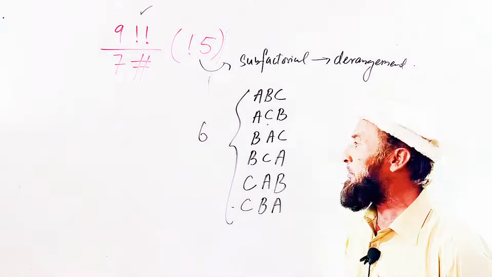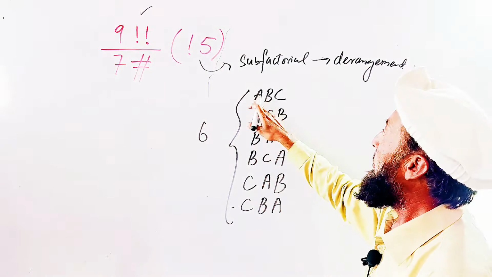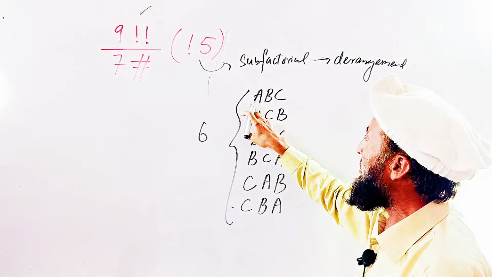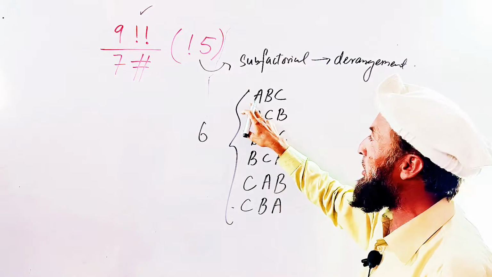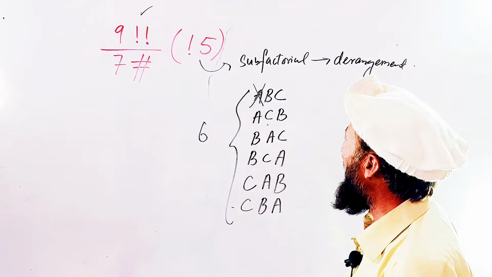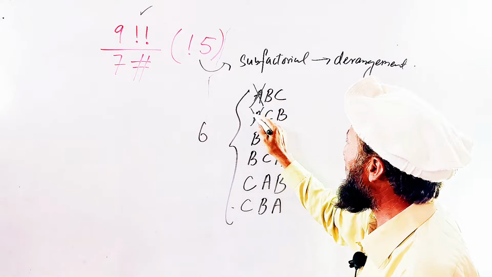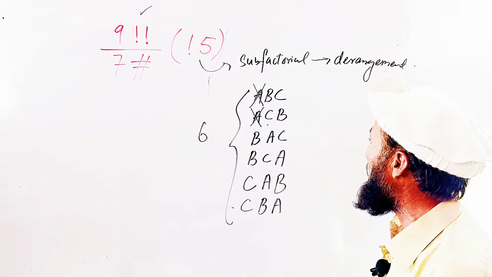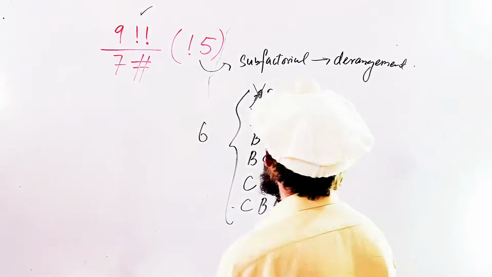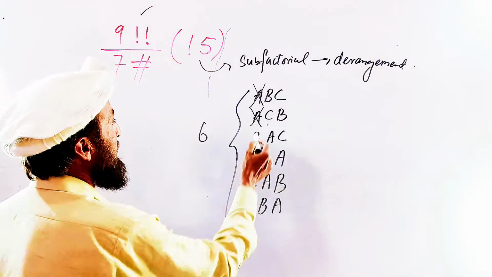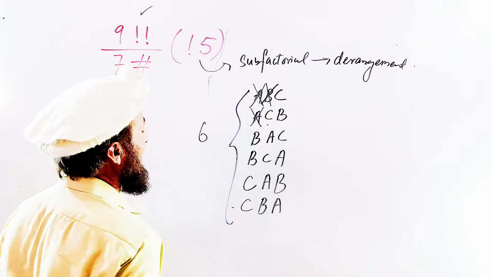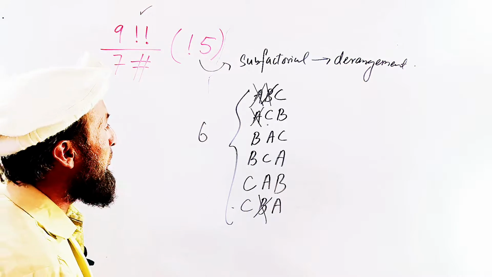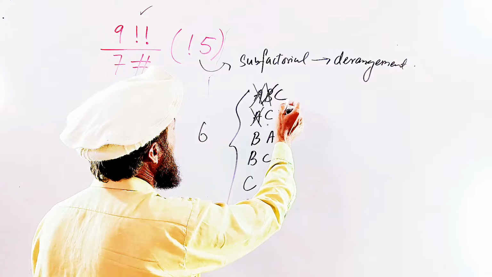Subfactorial is called derangement. So we remove the arrangements where A is in the first position, B is in the second position, and C is in the third position.